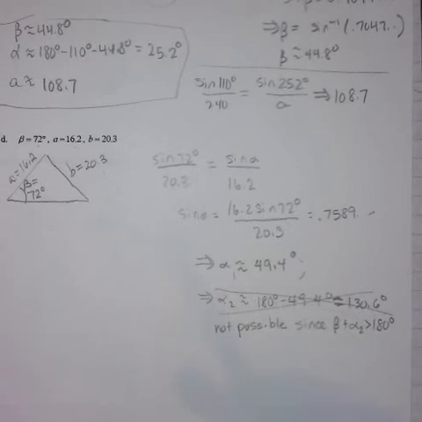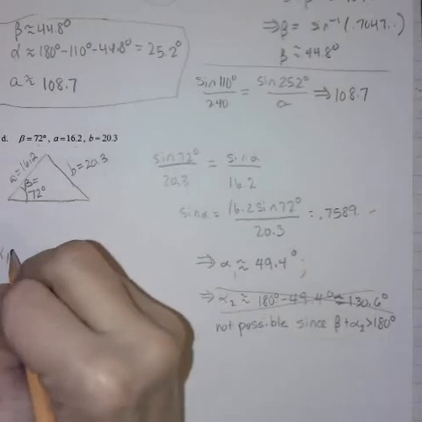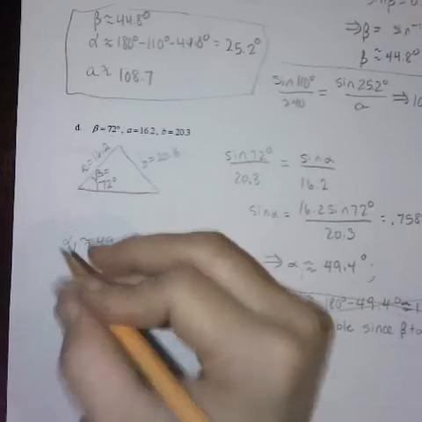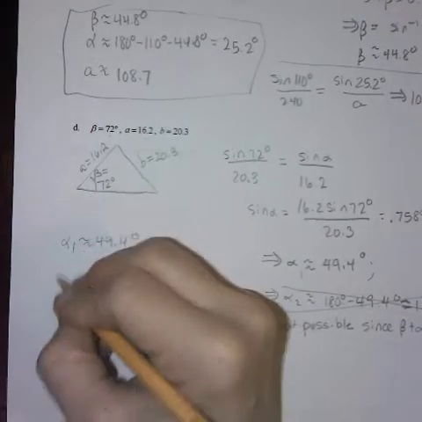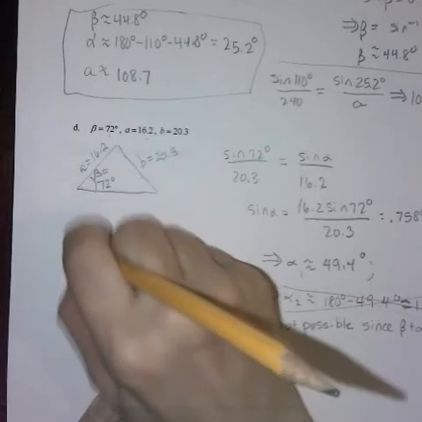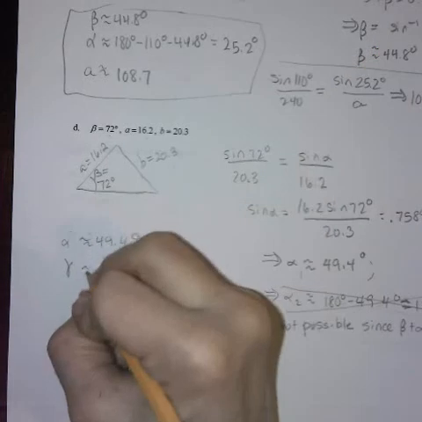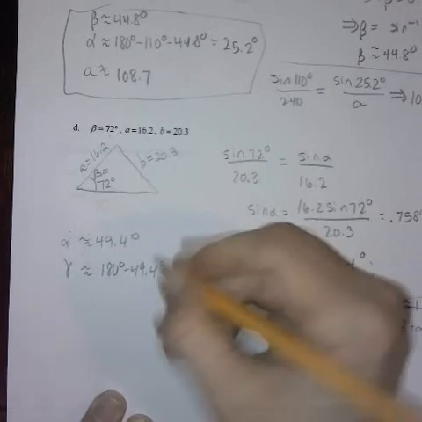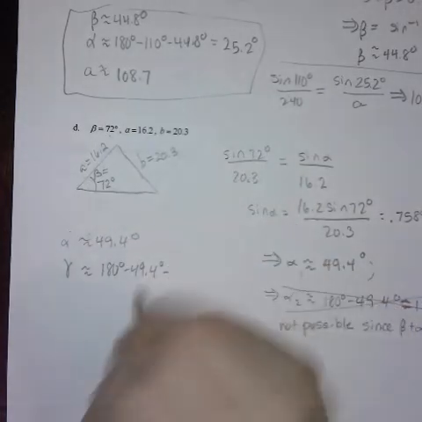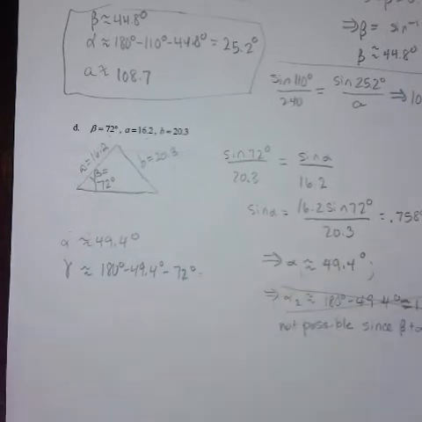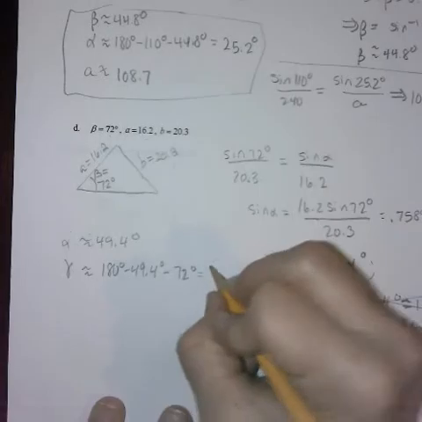We have alpha 1 is approximately 49.4 degrees, and from there you should be able to finish the problem by now, but I'll just go through it really quickly. So gamma, and we don't even need the 1 here, there's only 1 triangle, so we'll just call it alpha. 58.6 degrees.